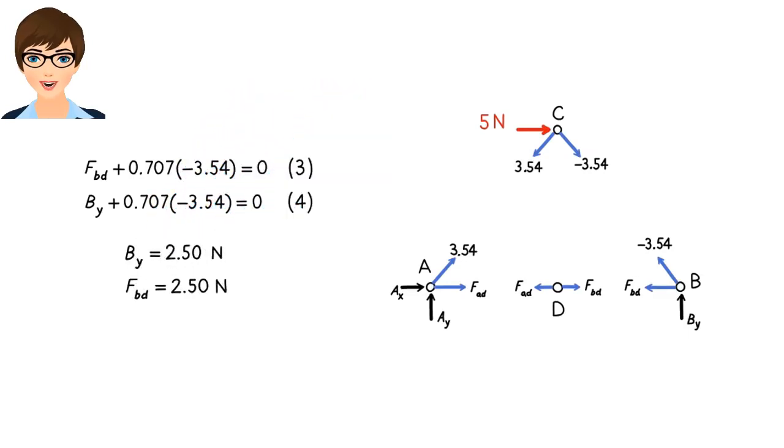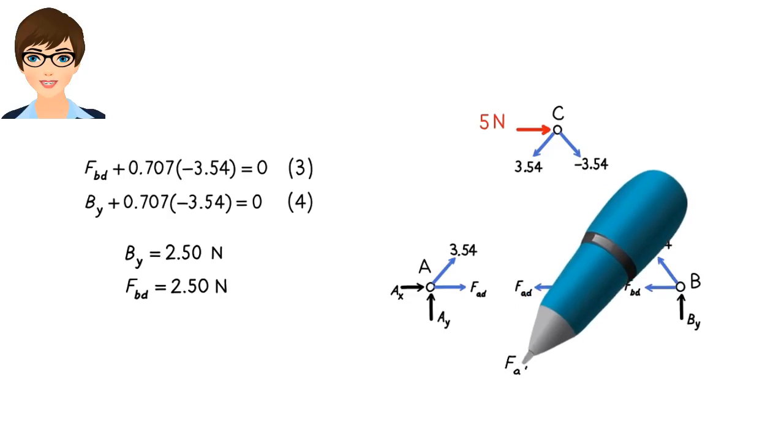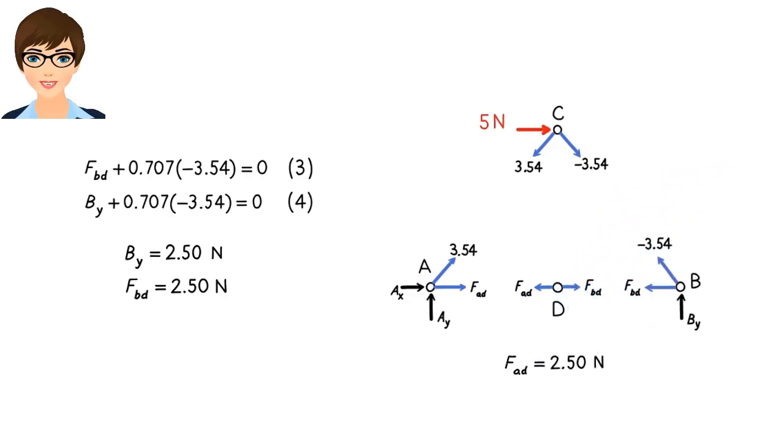FBD equals 2.5 newtons. Now, if we examine joint D, we can clearly see that FAD is also equal to 2.5 newtons.